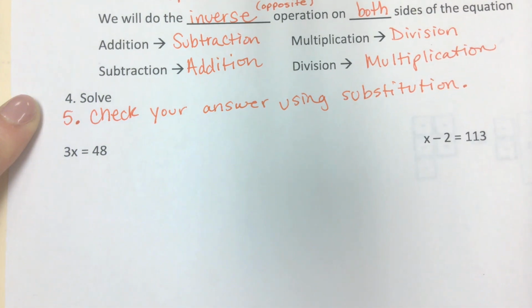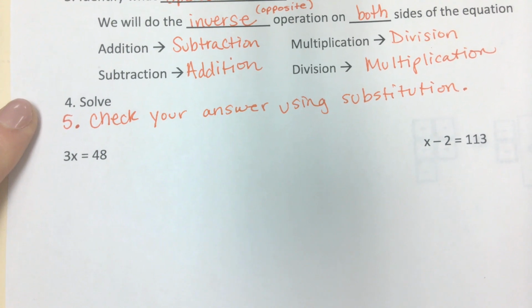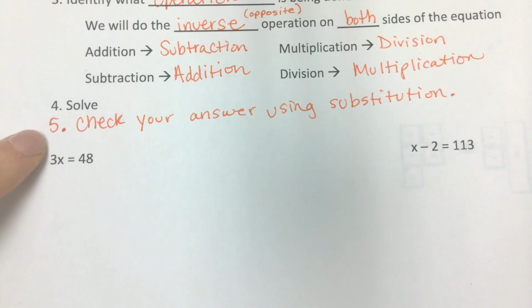This is to ensure you get 100 every time. So a lot of people don't like to check their answer just because they're like, oh, it's such a waste of time. But the reason you want to do it is to ensure that you get the problem right every time. So I am going to require that you show checking your answer.